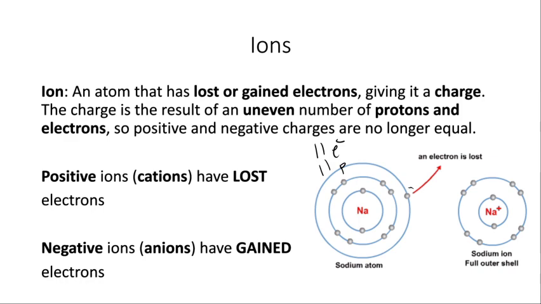But then here you are losing an electron. It's going away. Now over here, what happens? You have 10 electrons that are negative this time, but you still have your 11 protons, because you have not lost or gained any protons. So now if you look, you've got 10 negative, 11 positive. So overall, you would have positive 1.